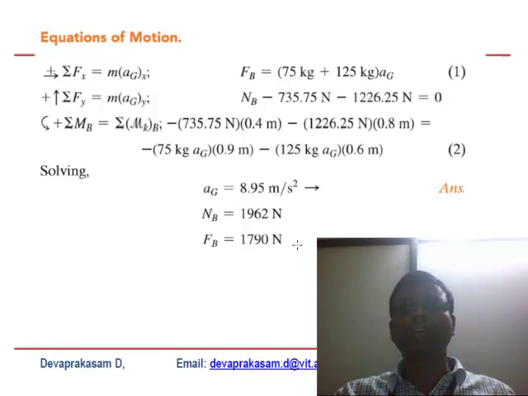As an engineer, you have to solve this problem systematically, with a neat presentation and no scribbling. Draw the free body diagram, fix your coordinates and sense of direction, then resolve the forces, and take a moment if there are any unknown parameters, and you can easily solve it. Thank you. I wish you all the best.